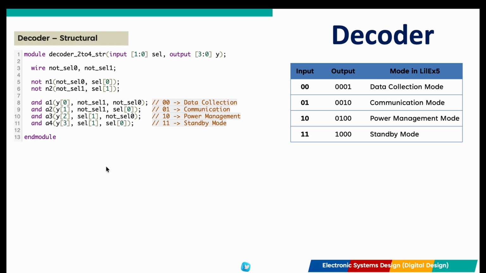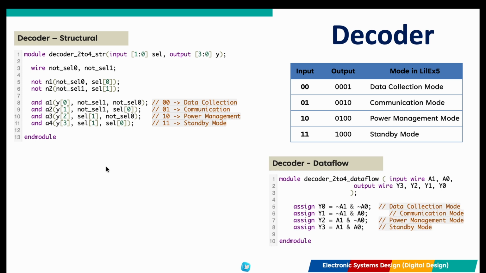For example, gate A1 only activates when both inputs are zeros, triggering data collection. This is the most precise way to code, but it's the most time-consuming. If we want a more concise version without manually wiring, we use data flow modeling. Here, we use an assign statement to define the Boolean equation for each output bit.